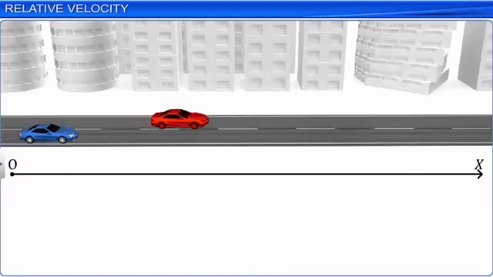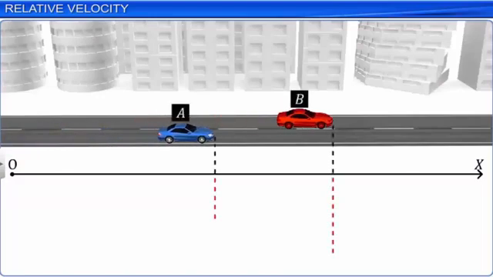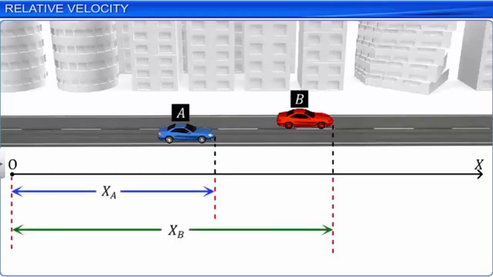Let's consider two bodies, A and B, moving along the same straight line. At an instant, their position coordinates are x_A and x_B respectively.